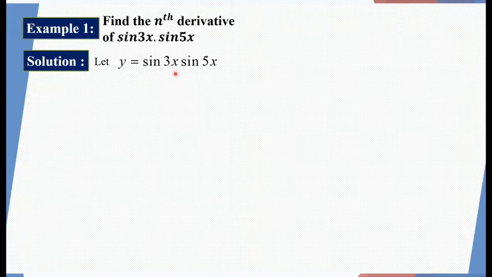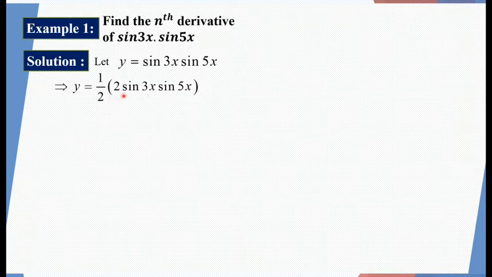So, to apply the successive differentiation, we first separate them by the addition sign or the subtraction sign. For this, we can write it as 1 by 2 into 2 sin 3x sin 5x. So we are multiplying and dividing by 2.